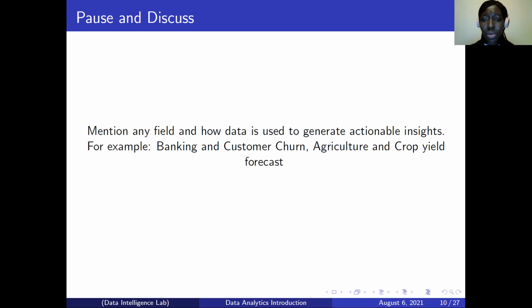We could learn from the data and bring up insights to say, oh, this would be the yield at a future season. So these are ways that data is being used in the banking industry and also in the agricultural industry. These ways are called forecasting, looking into the future.